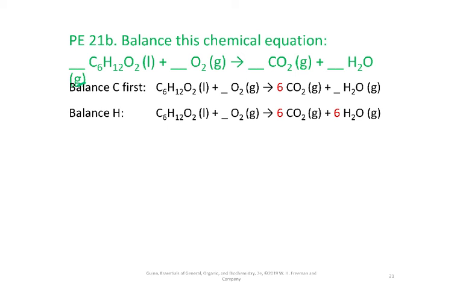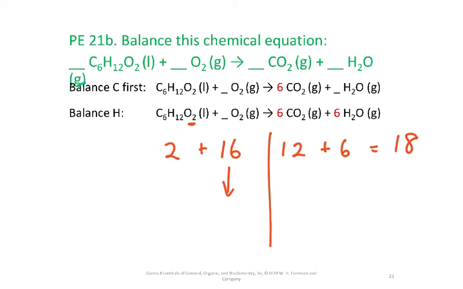So this one's a little bit different, right? Because we already have 2 oxygens here, right? So we have 2 on this side, and over here we have 12 from CO2 plus 6 from H2O. So we have 18, and we have 2 already over here, so we need 16 more to balance out, which means we would need 8 O2, right?